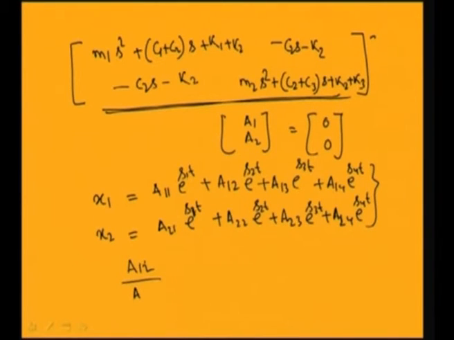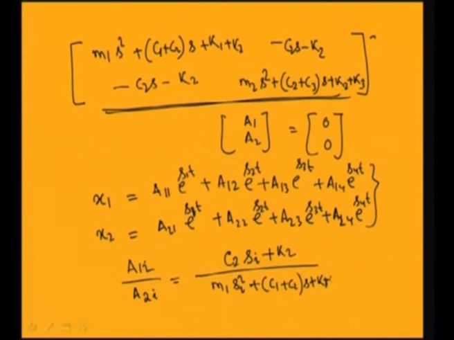So from this you can write a1i by a2i is nothing but equal to (c2 si plus k2) by (m1 si square plus (c1 plus c2) si plus k1 plus k2).